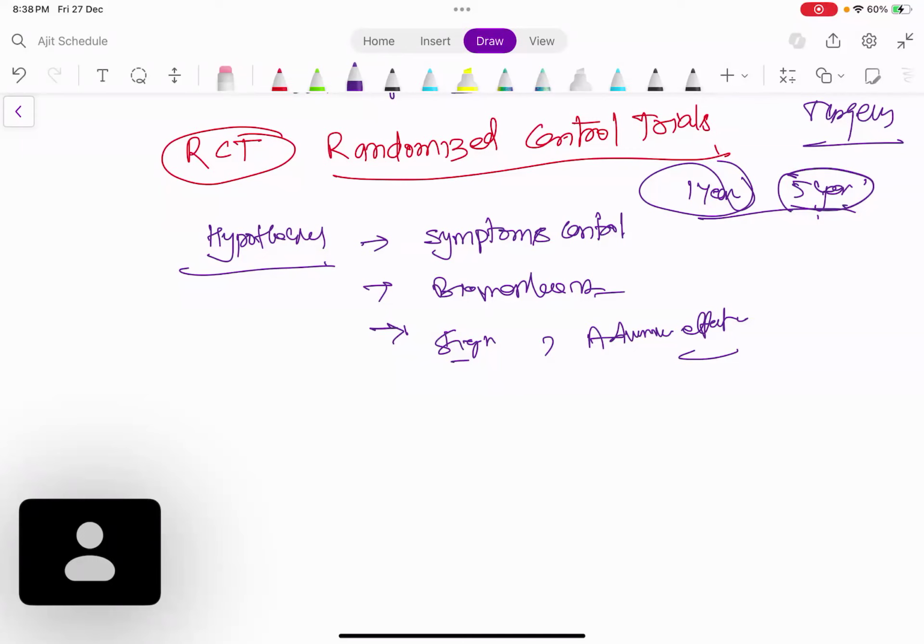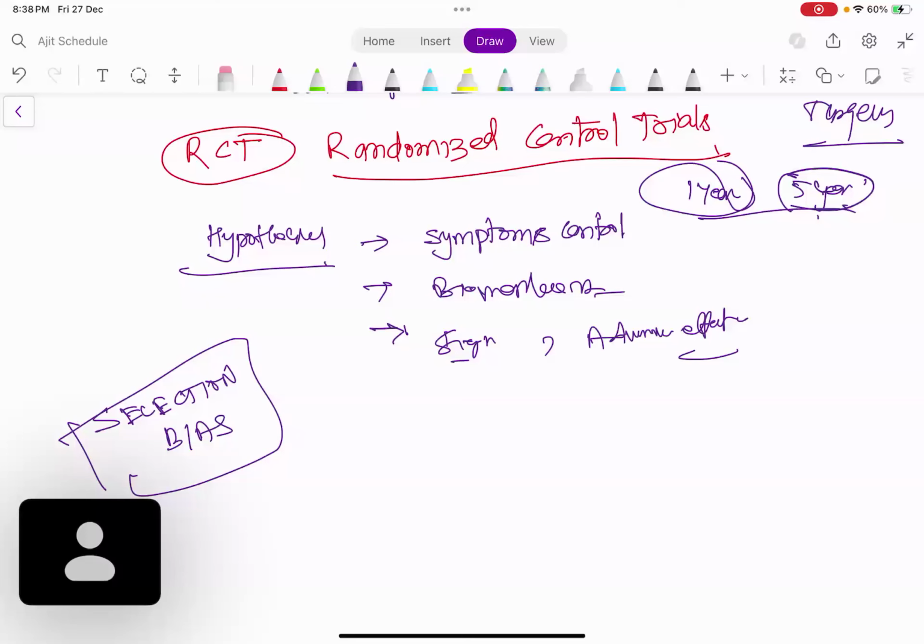And why not cohort? Cohort can be done here, but in cohort there will be selection bias. I'll write it here: selection bias is the important part. In cohort, you will give the high dose of aspirin where risk is more and the low dose where risk is less.